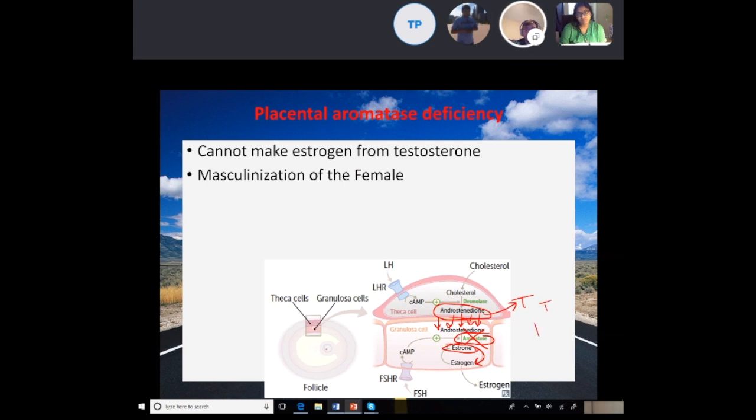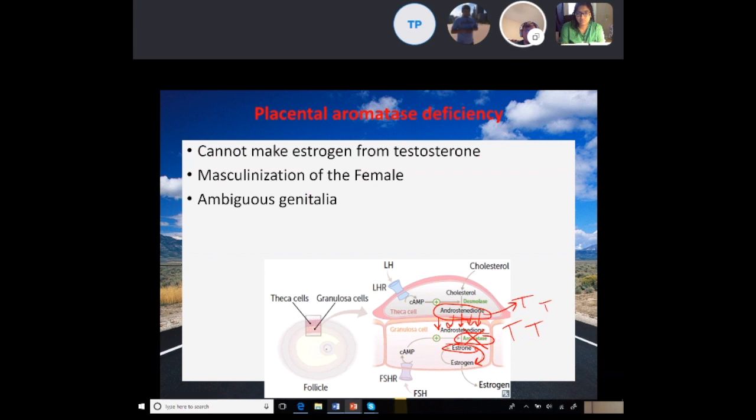So you're going to have an excess of testosterone flying around in a female, and you're going to get a masculinization of a girl. Just like we talked about, you're going to get ambiguous genitalia, because even though her external organs are supposed to be labia majora, clitoris, vagina, they're going to be enlarged to the point where the labia majora might start looking a little bit like a scrotum, and the clitoris might start looking like a small penis.